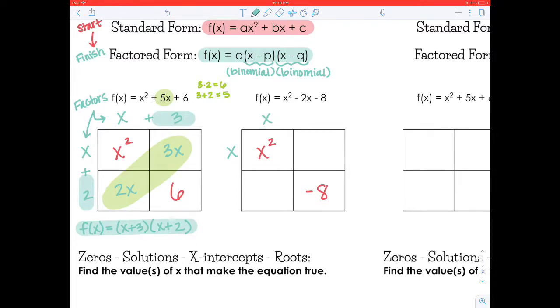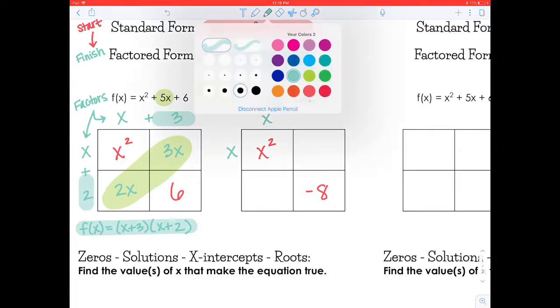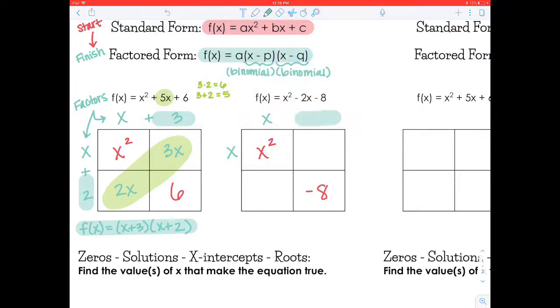So our constant is negative 8 at the end. So we know that this number times this number has to give us negative 8. But also these two boxes in the diagonal here have to add up to that negative 2x.